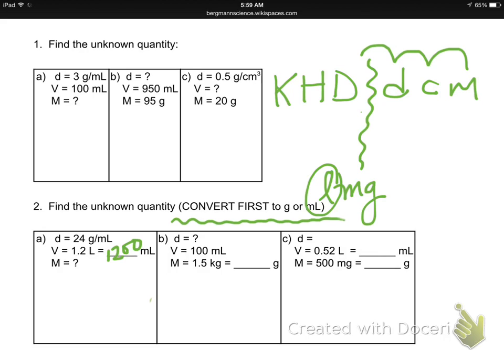So you're moving to the right because if you look back up here, when we went from liters to milli, we made 3 moves to the right. And so to move from 1.2 liters to milliliters, you'd move the decimal 3 places to the right. Really simple if you don't overthink it.